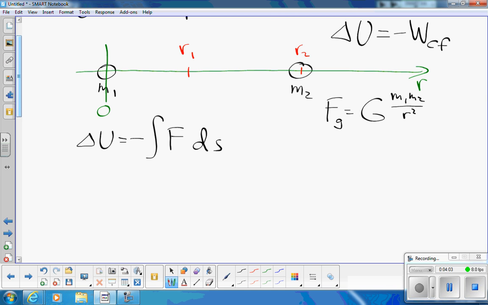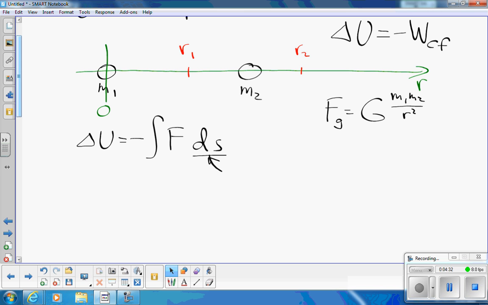Normally this would be a dot product, but since I'm in a one-dimensional coordinate system, I can take care of direction simply by there being positive or negative. And here's an important point: the ds here stands for the infinitesimally small steps that this mass moves, because this thing is experiencing a decreasing force as it moves out to R2.